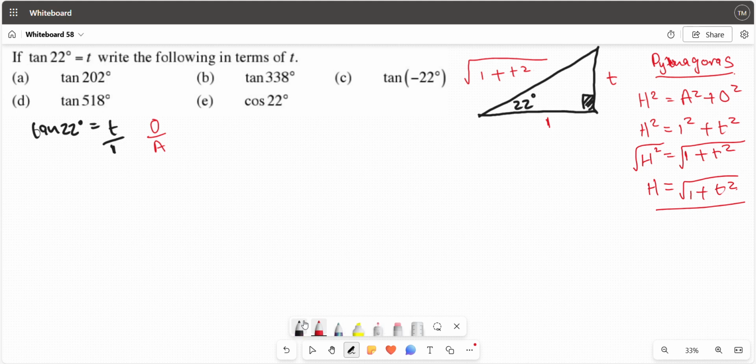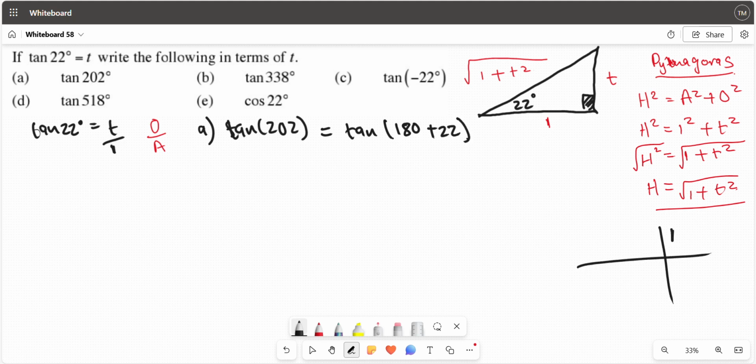So now I can go back onto my questions and start solving them. Let's do A first. A says, what is tan 202? We're going to do some reduction. That is tan of 180 plus 22.